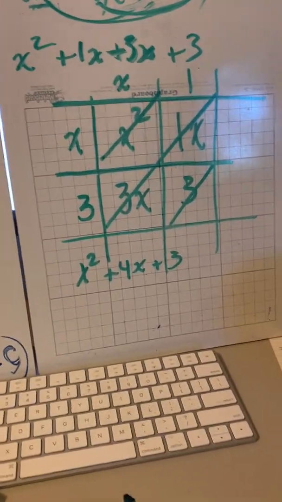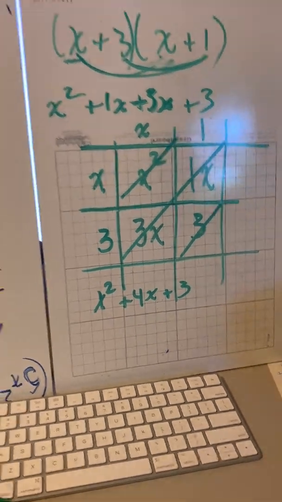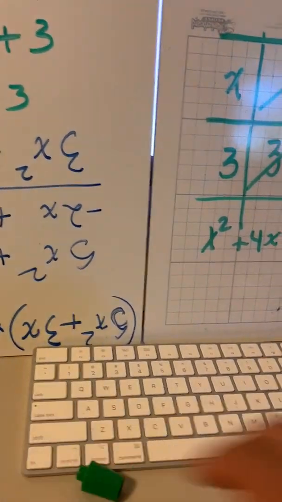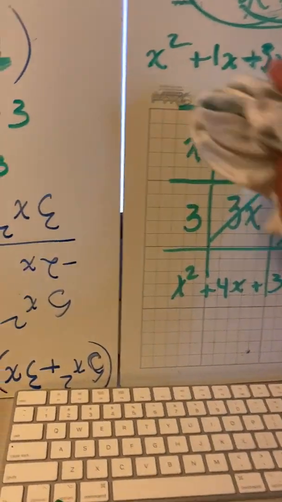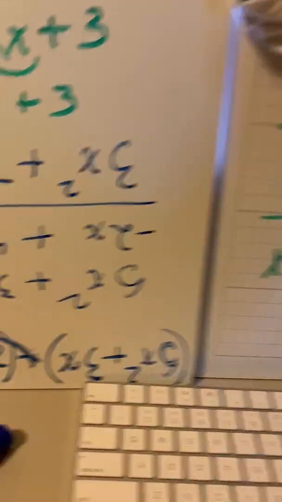Now, why does this method work well? What if I change this problem ever so slightly? Just a tiny change. And instead of it being a binomial for the second part of this, what if it's a trinomial?